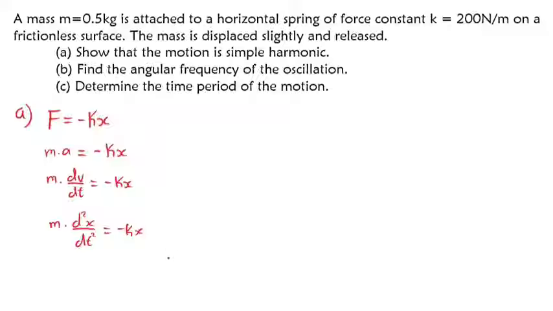Alright, so after that, I can divide throughout by mass, so on the left hand side I'll just remain with the double derivative, and this is equal to negative k over m.